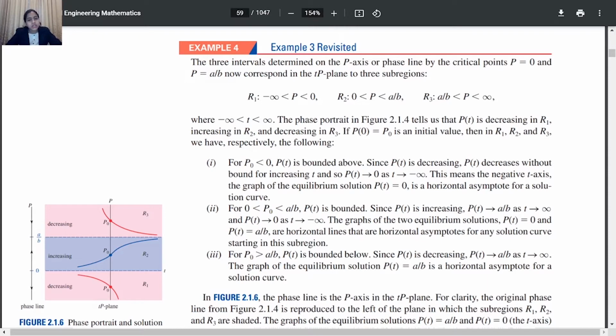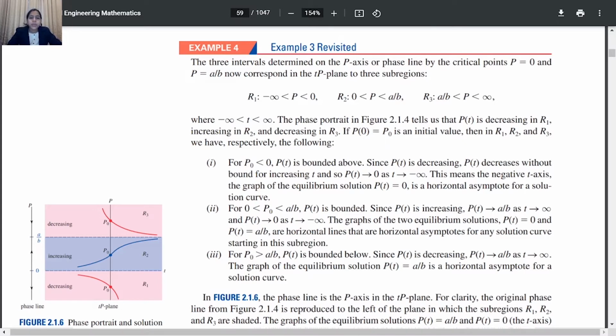So now if we are discussing the solution, we will divide the given region into 3, since there is a critical point at a by b and a critical point at 0. Now let us consider p of 0 to be p naught, the initial value.